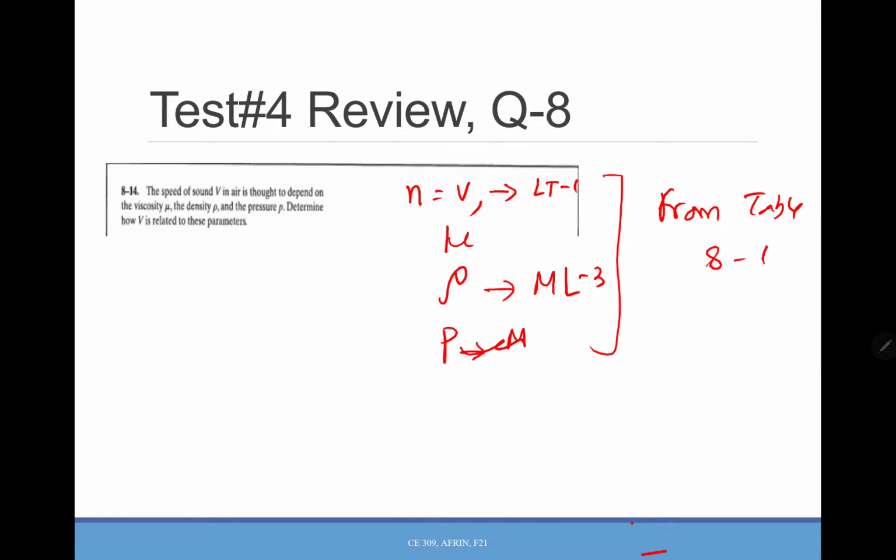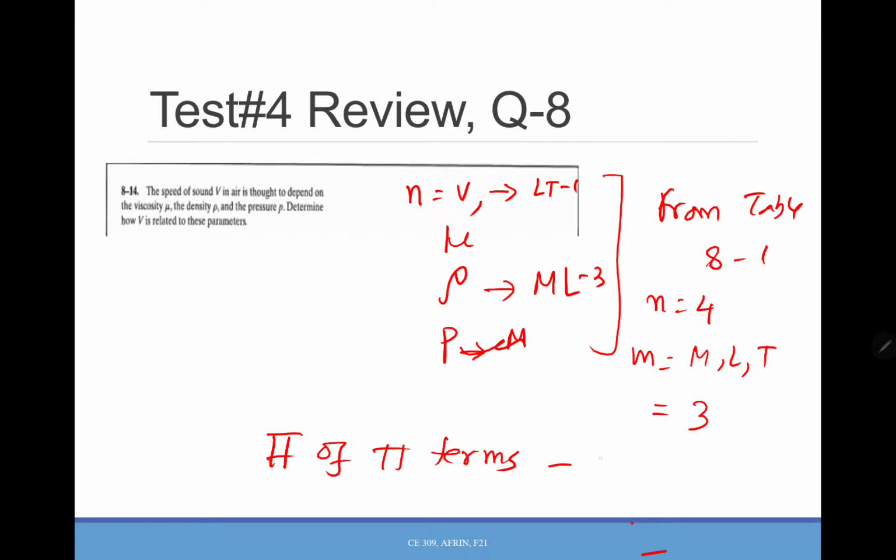So you can get all of these and you will see that n equals 4 and m, the number of reference dimensions MLT, is 3. So the number of pi terms will be n minus m, which is 1, and after that you can do the rest; you can look at the class examples for more details.